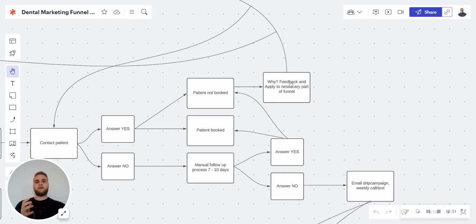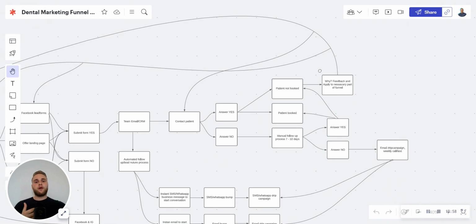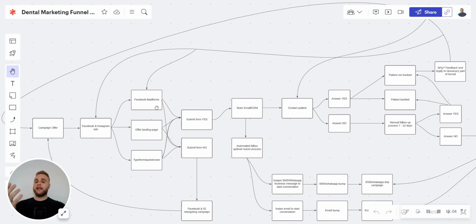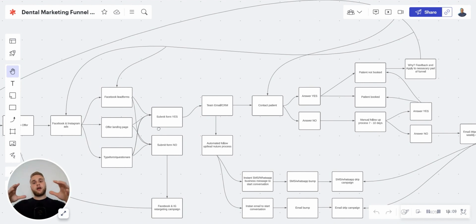So if you get feedback of people talking about, let's say, price, that they didn't realize how expensive it was, for example, then you know that we need to go back to the campaign and make sure that the pricing is clear. Or we need to go back to the landing page or the lead form or the Typeform and make sure the pricing is clear. So you can adjust your whole funnel by getting feedback on this end here.